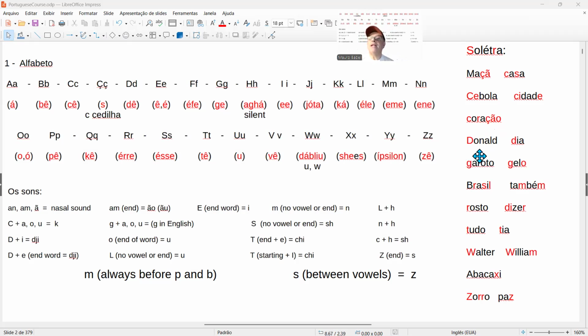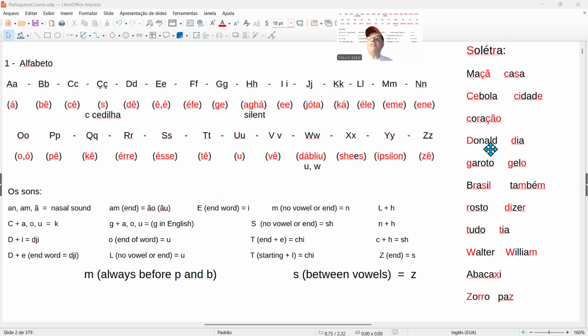Now, this is an American word, Donald. In Portuguese, the same sound. The only difference is going to be the L, because the L in the middle of the word, with no vowel after it, is going to sound like a U. Donald.